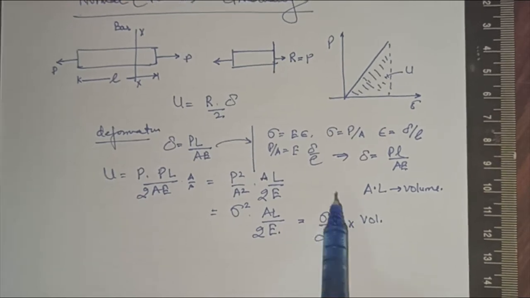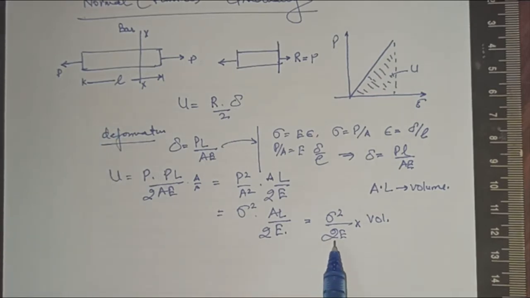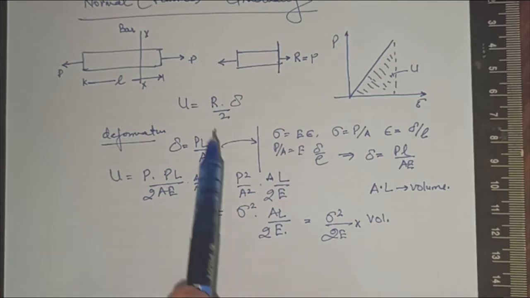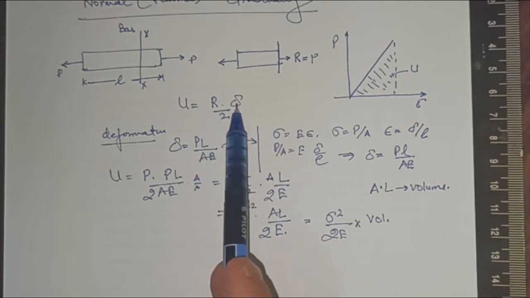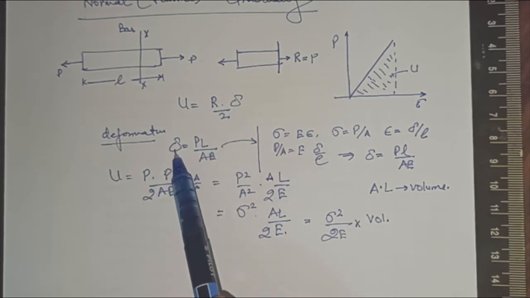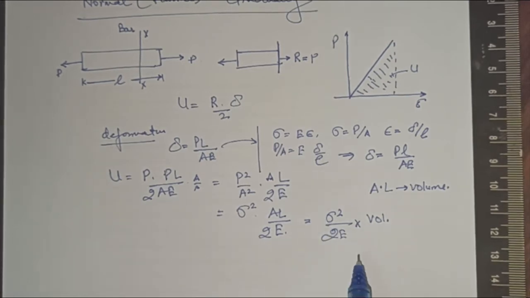This is the expression for strain energy when we have loaded our beam like this: sigma square upon 2E times volume. Remember that earlier we obtained the strain energy in terms of load and displacement. Now we have obtained the strain energy U in terms of stress, area and length, which becomes volume.